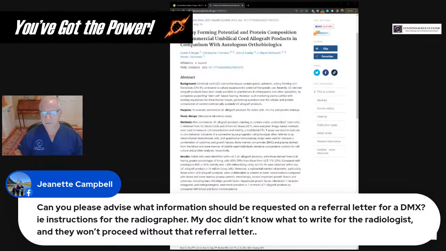Jeanette, can you please advise what information should be requested on a referral letter for a DMX? Instructions for the radiographer. My doc didn't know what to write for the radiologist. They won't proceed without that referral letter. I don't think specific instructions need to be given, meaning the DMX as it's taught has a very specific protocol that they follow.